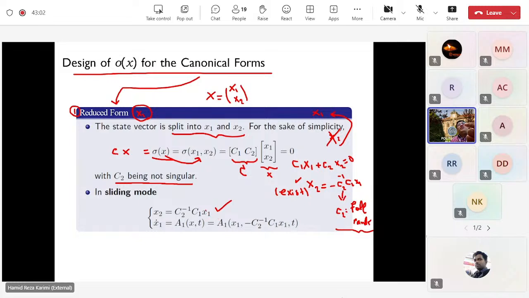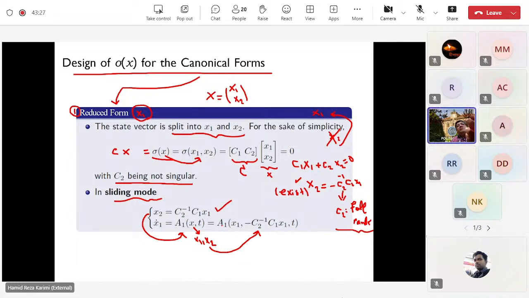And when you put x2 in your mathematical formulation, you can see that x1 is this, and then x is x1, x2, right? And instead of x2, you can put this. So this representation, in a sliding mode, the system has such a behavior.